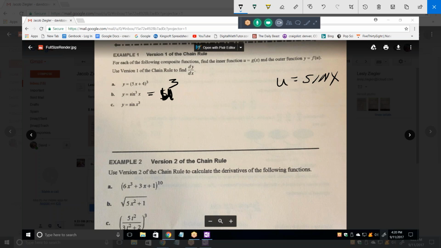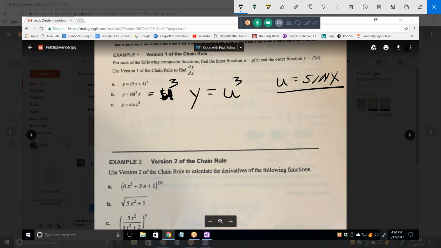And this actually illustrates the chain rule the best possible way, because it's not so easy to figure out the inside. It is on A. Clearly the inside on A is 5x plus 4. If you cannot figure out the inside, do it this way. Go through u substitution, and then you would have y equals u cubed.